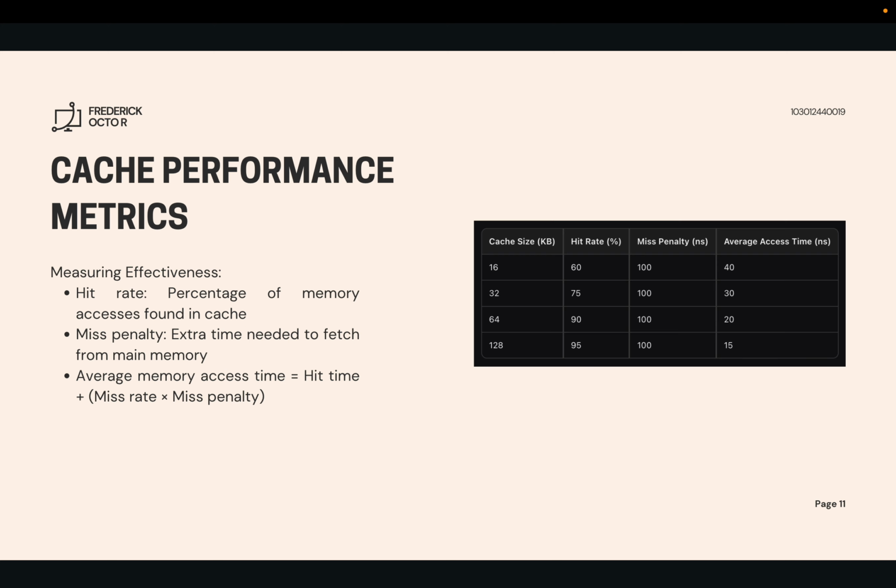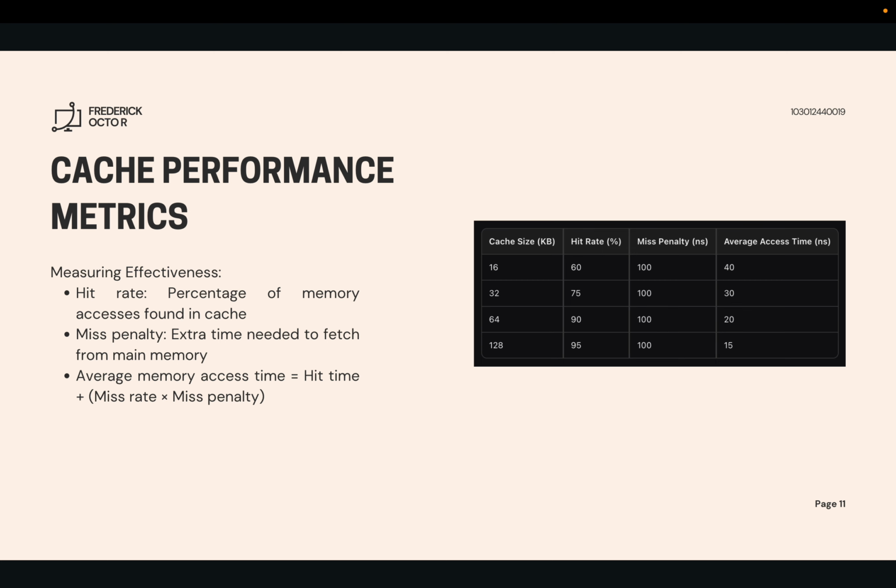Okay, moving to the next material, cache performance metrics, measuring effectiveness. We measure cache performance primarily through hit rate, the percentage of memory accesses that find their data in the cache.